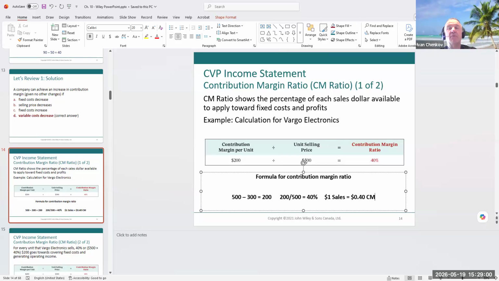Now you're going to ask me what happened with the 60, because $1 is 40 cents contribution margin. What happened with the 60? Well, the 60 is going to be $0.60. That's going to be your variable cost.